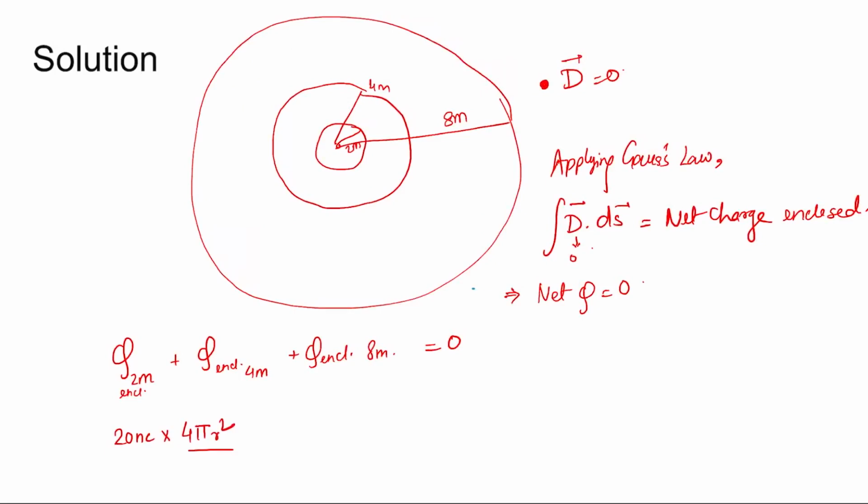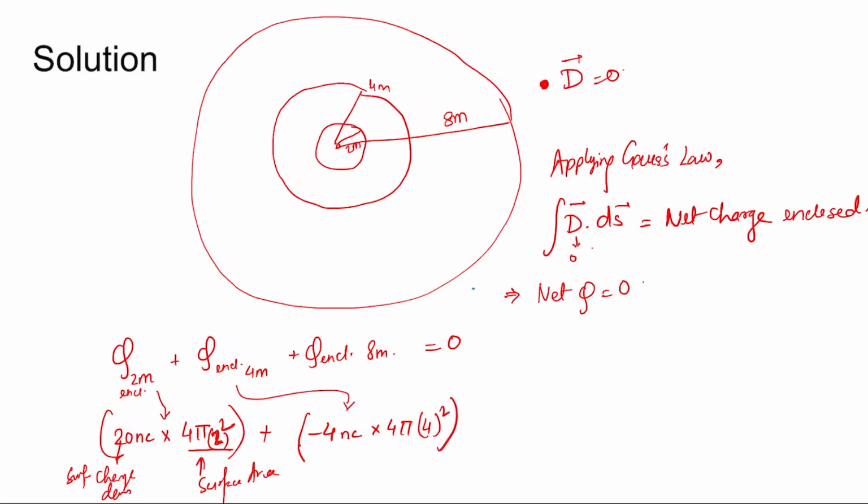Surface area into surface charge density gives you the total charge for that surface, plus minus 4 nanocoulomb into 4 pi r square, where r is 2 for the first sphere, and for this sphere, r is 4 pi r square.